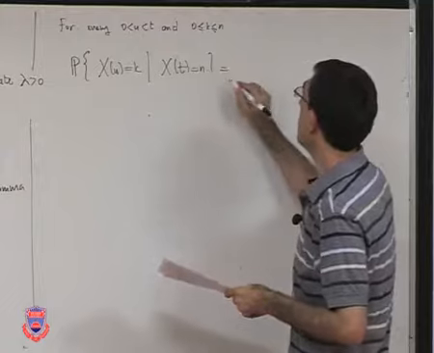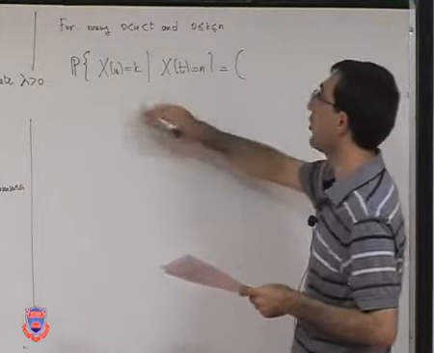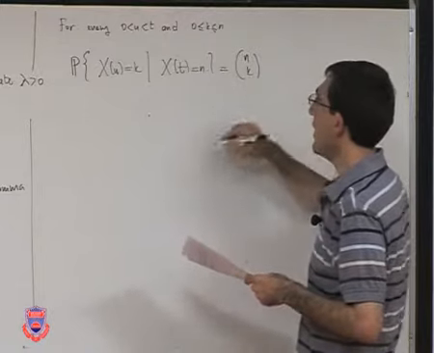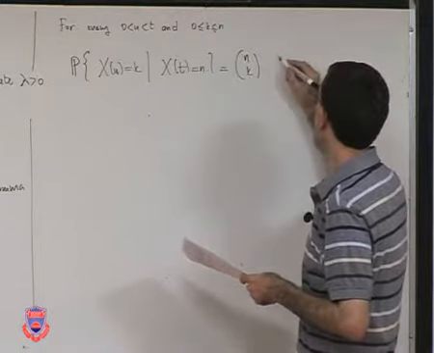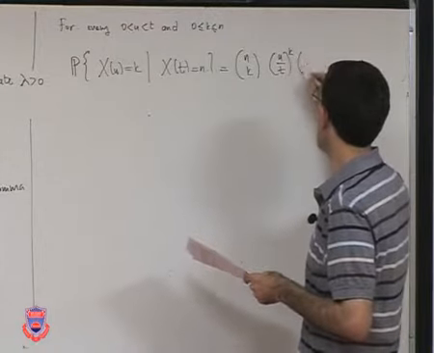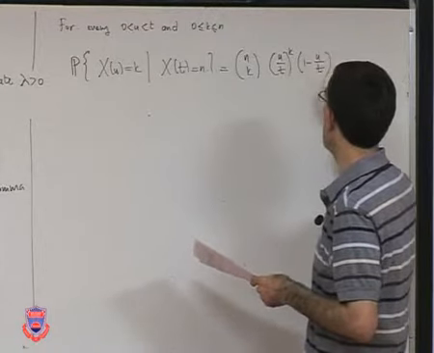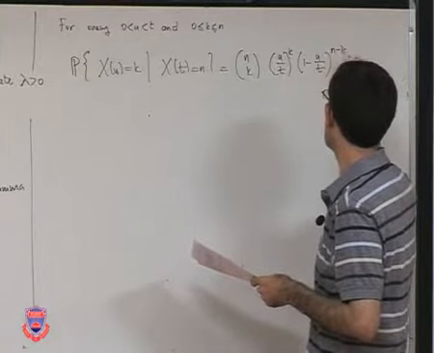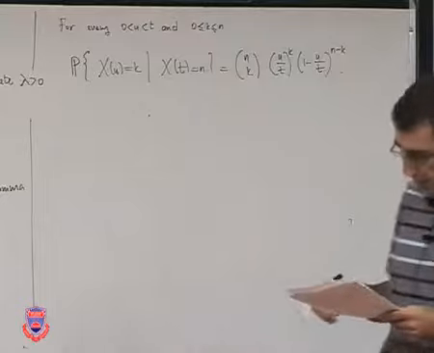Okay, and we can write it like this: equals n choose k times u over t to the power k times 1 minus u over t to the power n minus k.